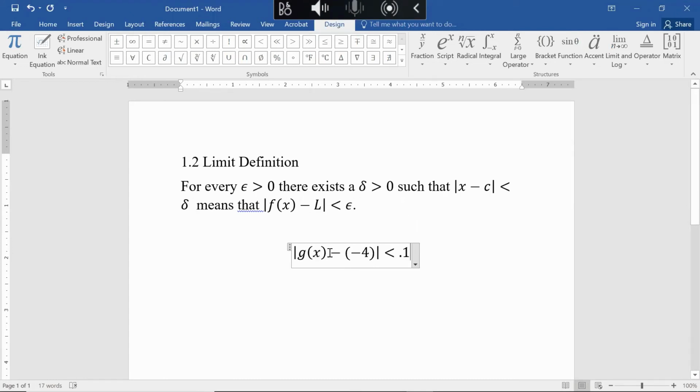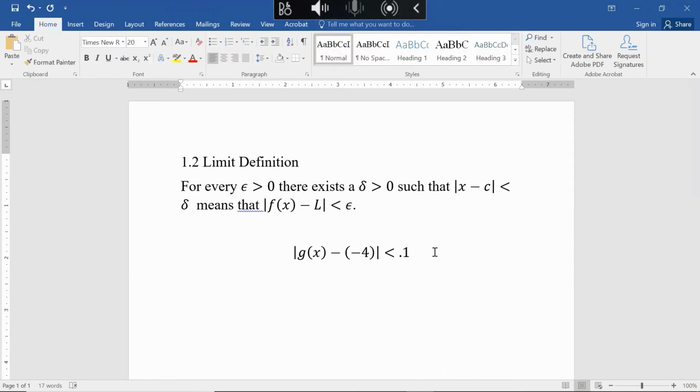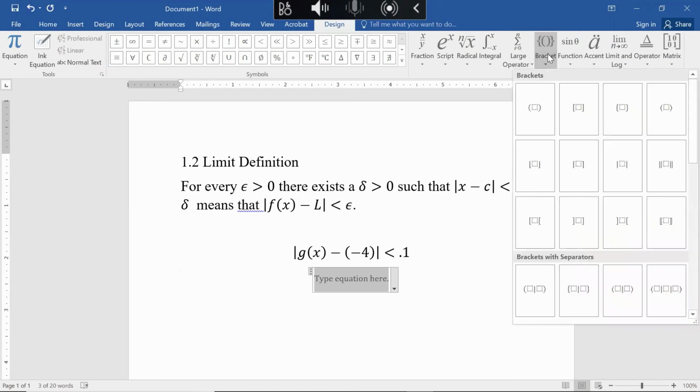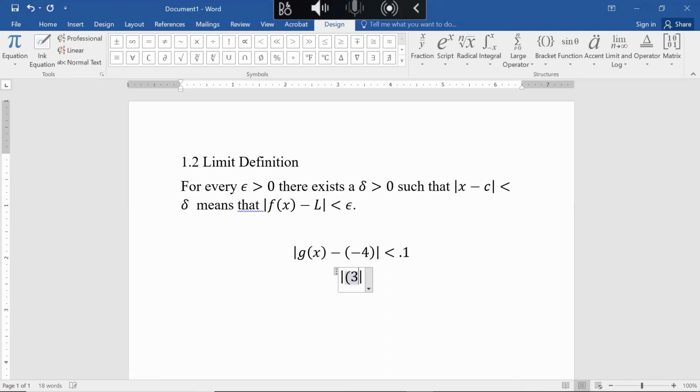So the difference between g of x and -4 in absolute value has to be less than 0.1. Now, we know what our g of x is, so we can simply replace g of x with the expression 3x minus 7, and we want that expression to be less than 0.1.